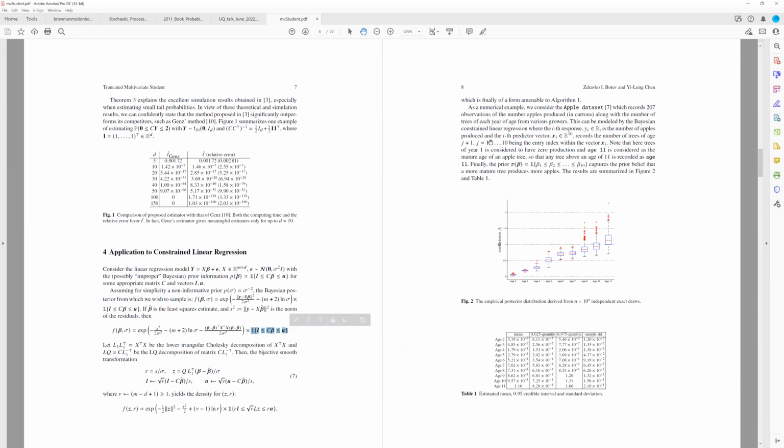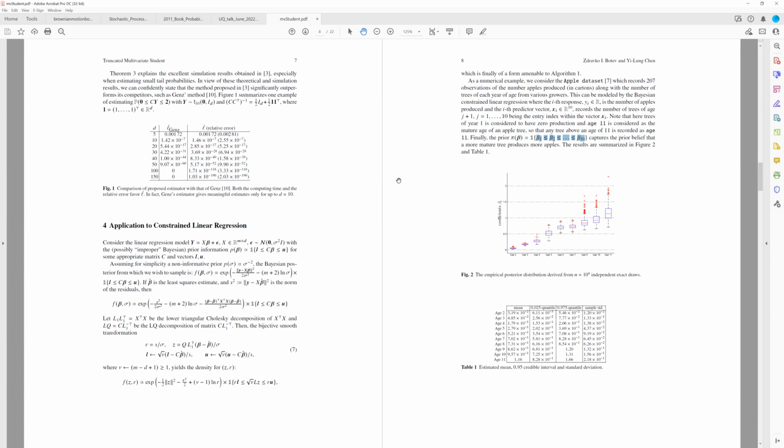There's a real world example with the yield of some apple trees. The apple trees are of different age, and you expect that the older the tree, the higher the yield. You can incorporate this prior knowledge in your Bayesian model, and it will be incorporated as some sort of inequalities on the coefficients. This immediately means that you have to sample from a multivariate student conditional on some linear inequalities. So this is one example.